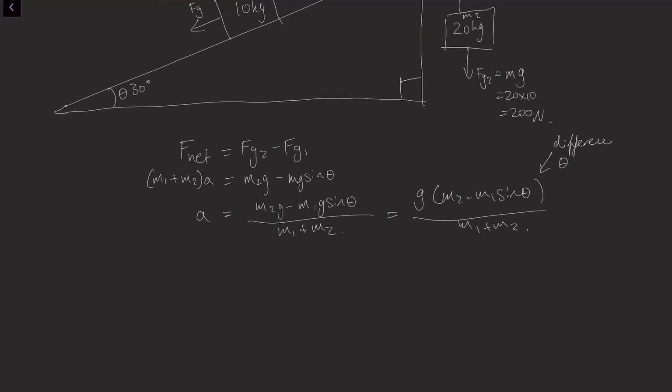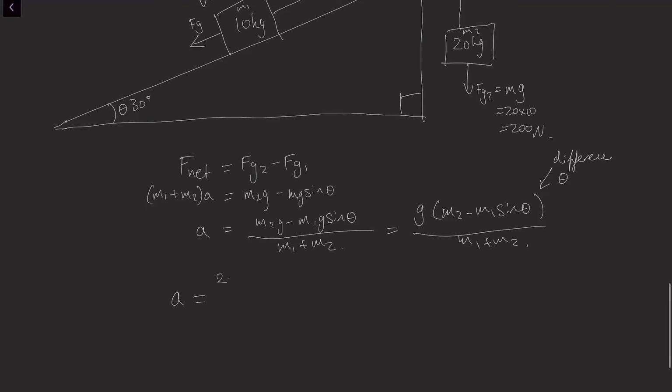Let's substitute in all the values that we know. m2 is 20, times 10 for gravity, minus m1, which is 10 times gravity, multiplied by sine of theta, which is 30, over the sum, which is 10 plus 20.